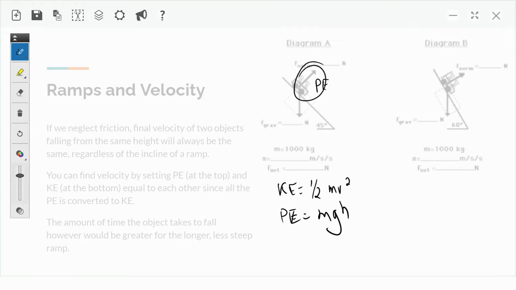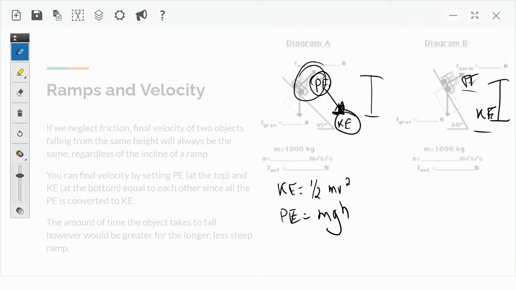At the top of the ramp, we have all potential energy, and then it's all converted into kinetic energy. So by the time we get to the bottom, it's all kinetic energy. And this potential energy is totally based on the height. Same thing here. Potential energy is all converted to kinetic energy, and the vertical distance is the same. So the potential energy here and the kinetic energy here are equal, and they're equal over here as well.